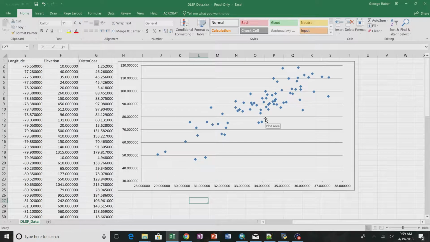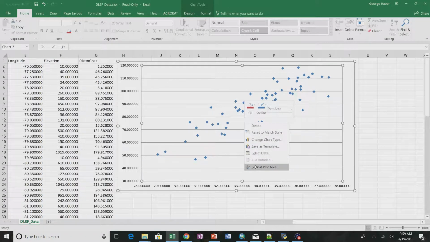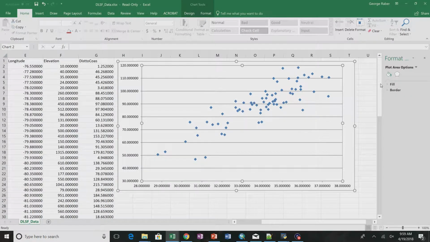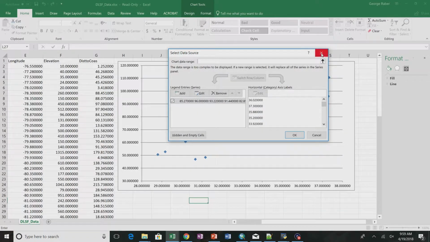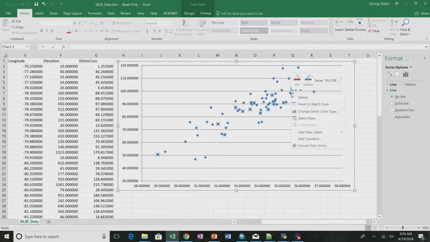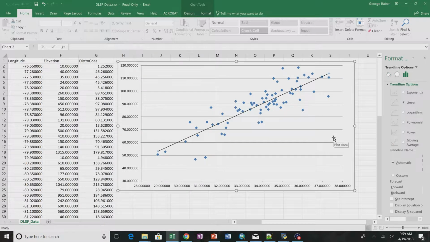So once you make that scatter plot, you can actually get the correlation coefficient right off of that data. At least you used to. Maybe you have to click on the points. Yeah. Add trend line.